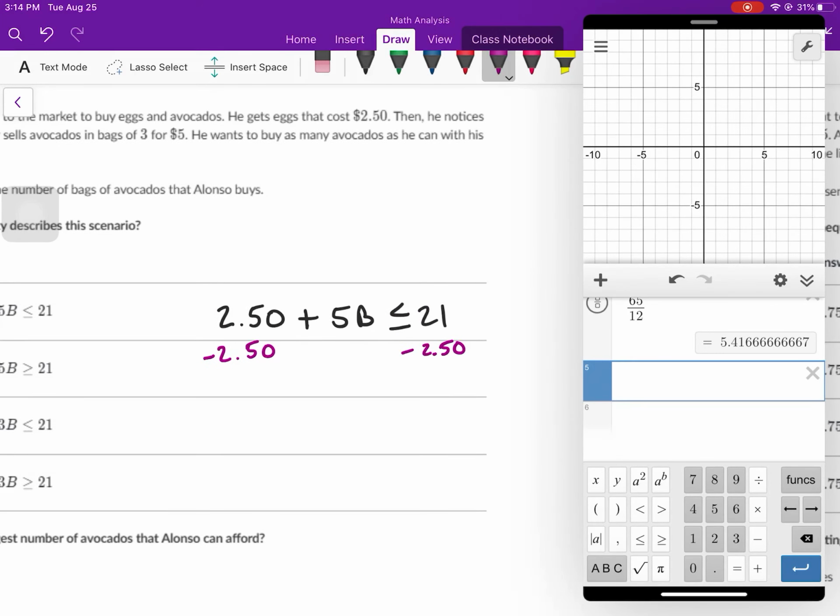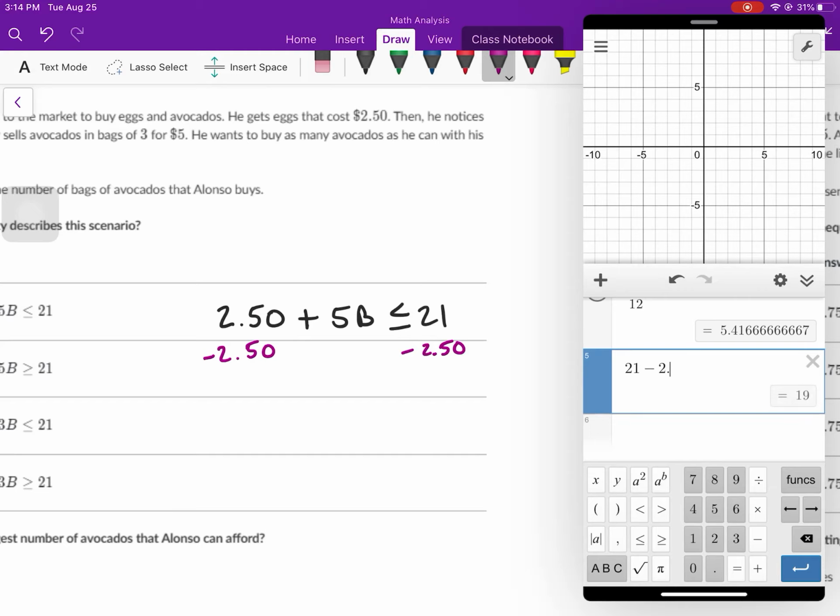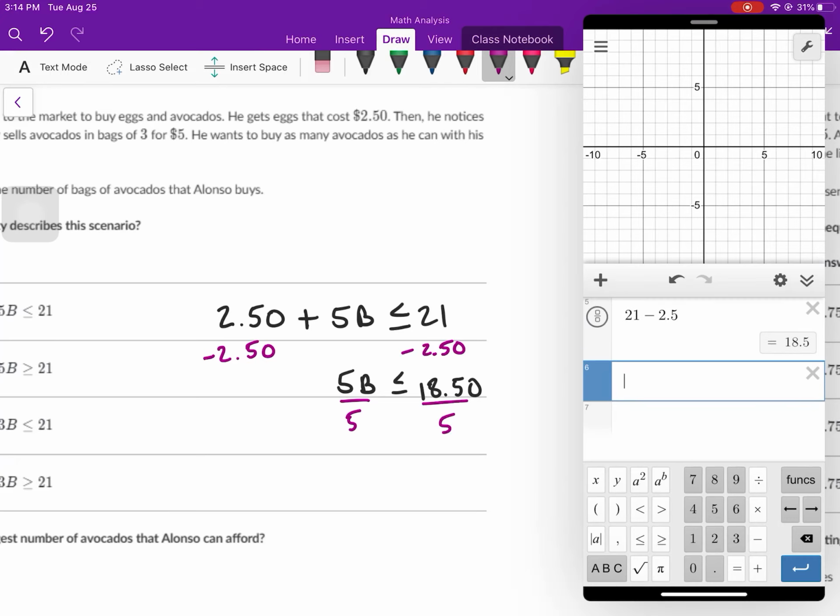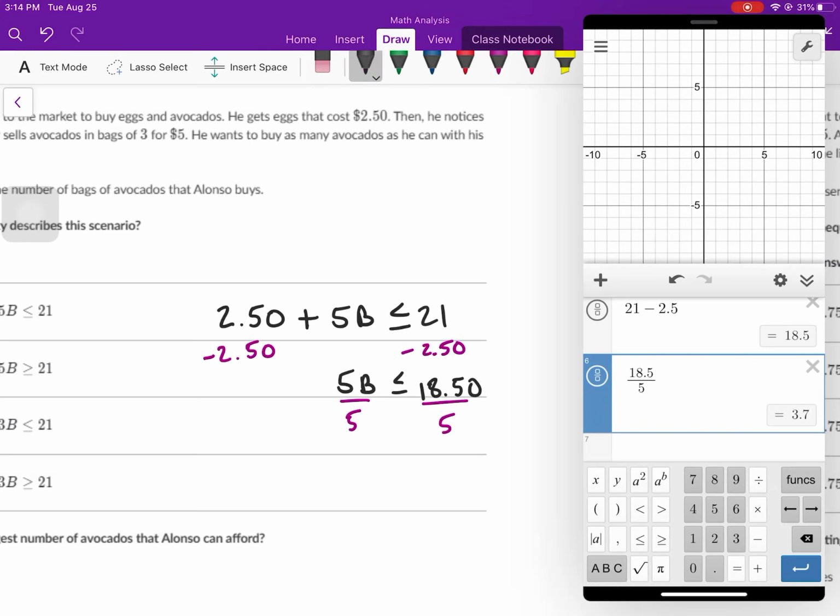I'm going to need the calculator. And then we need to divide by 5. And I get B is less than or equal to 3.7.